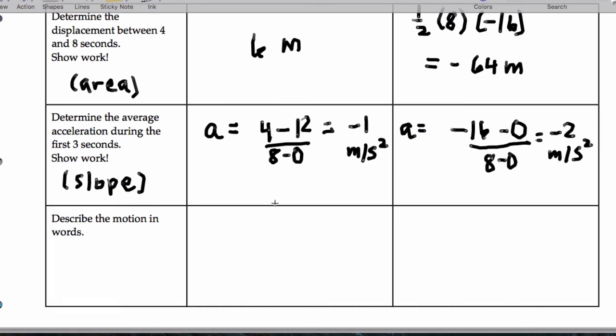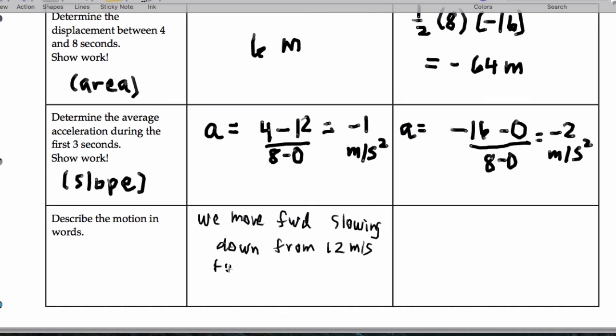So for this first one, okay, we move forward, slowing down from 12 meters per second to 4 meters per second, with acceleration equal to -1 meters per second squared. For this one, I would give you full credit for saying we move forward slowing down.